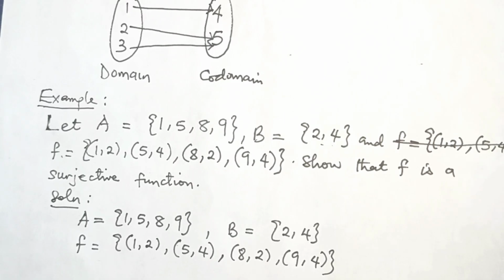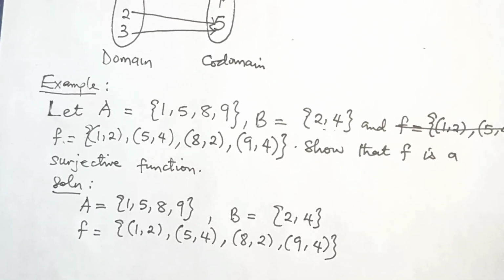So, from what is given in the question, we can see that all the elements in B have a domain element in A. Or we can say that elements 1 and 8 have the same range 2, while elements 5 and 9 have the same range 4.